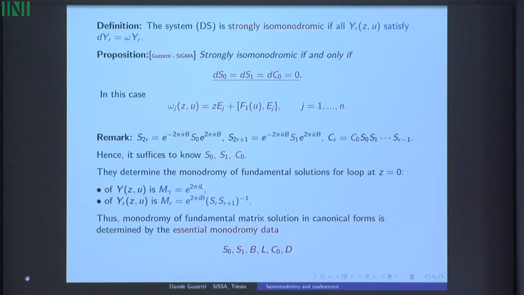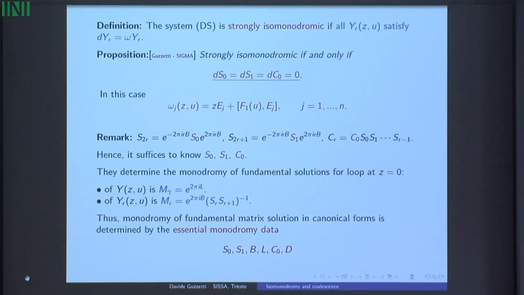Another small remark is that the monodromy at 0, as you may remember, is the exponential of the matrix L, which I have introduced in previous slides, and the monodromy at 0 of a fundamental matrix YR is this one.